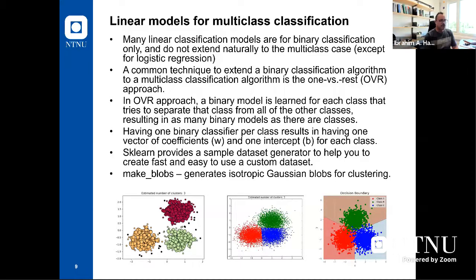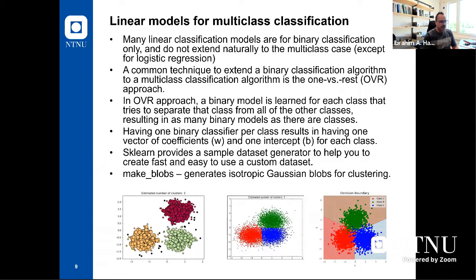It will try to separate one class from the rest. So one class will be, for example, class 1, and the rest will be zeros. We will build a model, and we will repeat this process for each class. So finally, at the end, we will have n perceptrons for n classes.